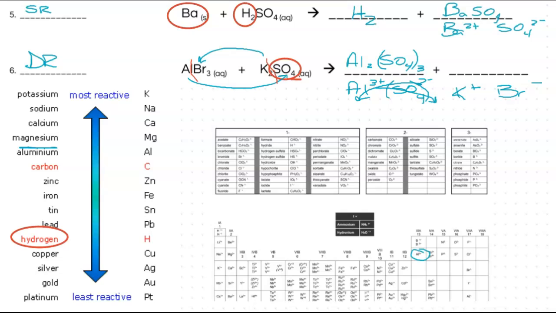The reason that the 4 came over with the sulfate is because that's part of the formula when you look in your box right here. When you look at bromine in its box right here, it's just Br by itself. Same is true for potassium. Potassium is here on your chart, and it's only a potassium by itself with a +1 charge. When I crisscross reduce, I wind up with KBr. Those are my two products for that particular reaction.